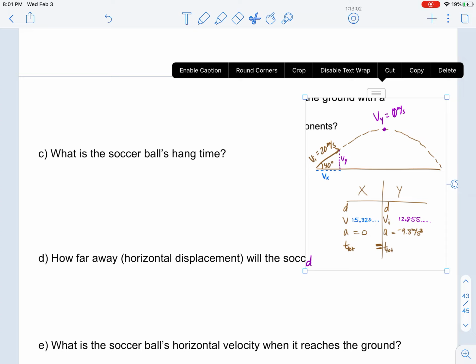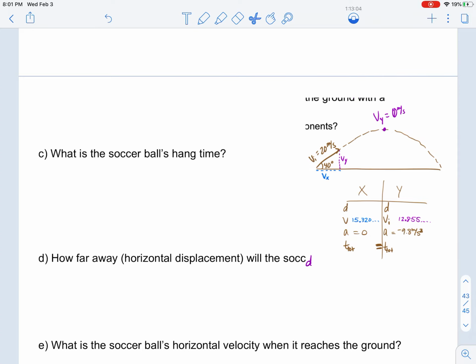They want the total time. So hang time means total time. I have to allow my projectile to go up, pause up here at the top, and then come back down. And it's implied that it returns to its original launch height.